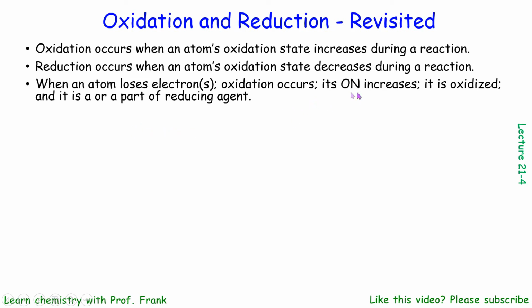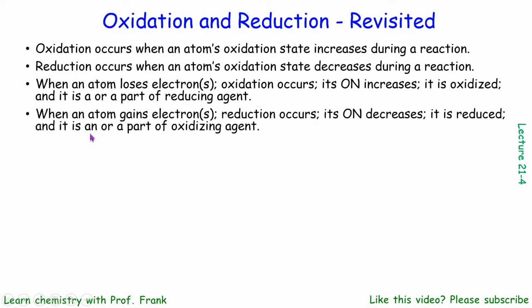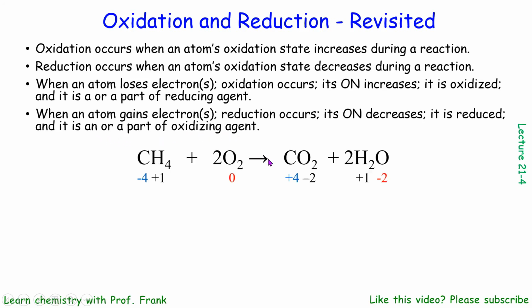Its oxidation number increases, it is oxidized, and it is a part of a reducing agent. When an atom gains electrons, reduction occurs. Its oxidation number decreases. It is reduced, and it is a part of an oxidizing agent.